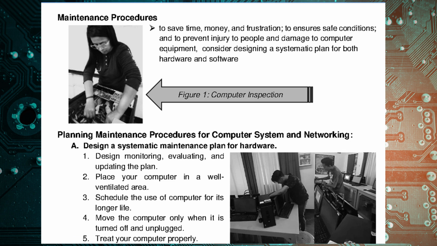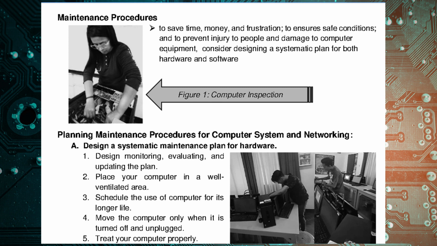Maintenance procedures save time, money, and frustration, ensure safe conditions, and prevent injury to people and damage to computer equipment. Consider designing a systematic plan for both hardware and software. The planning maintenance procedure of computer systems and networking is like designing a systematic maintenance plan for hardware.